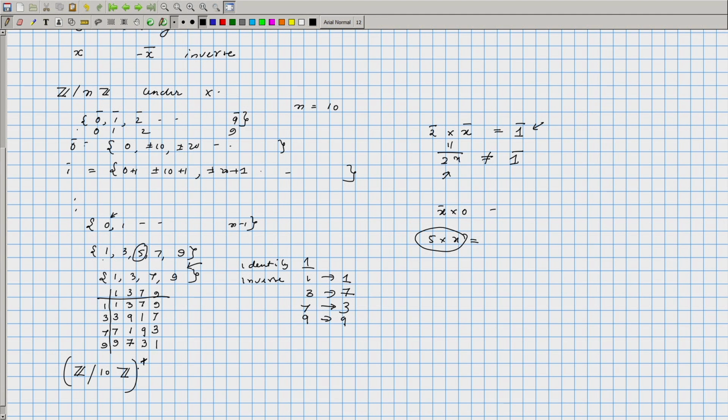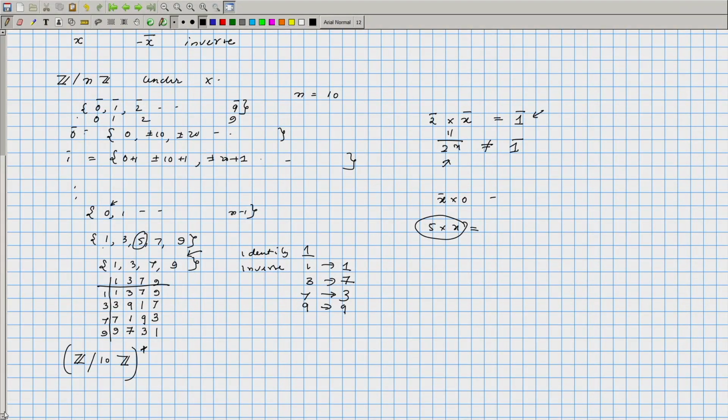So, what is the natural generalization of this? If it is nZ, what does it mean? Which are the elements that stay, which are the elements which will go out? Here at least in case of 10 we could extract a subset of elements which form a group amongst themselves. In case of general n, can we do this?